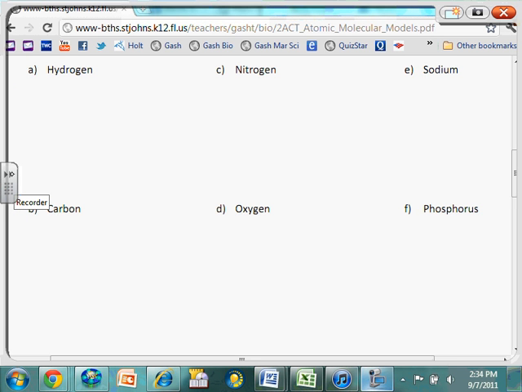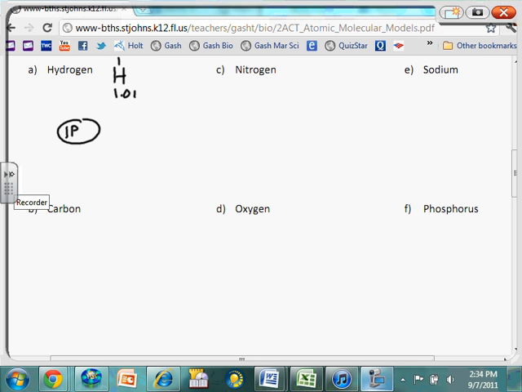Now we know hydrogen's atomic symbol is H, the atomic number is 1, and the mass is about 1.01. The nucleus is going to have protons and neutrons inside, but we only want to put in what this particular atom has. If the atomic number of hydrogen is 1, then we know it has 1 proton.